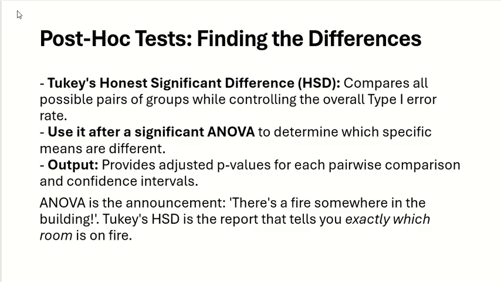So doing multiple t-tests will accumulate this 5%, 5%, 5%. In Tukey's test, the error rate will remain 5% for all comparisons combined. So it will not be 5%, 5%, 5%. If I have 5 groups, I may be making, I don't know, 12 comparisons.